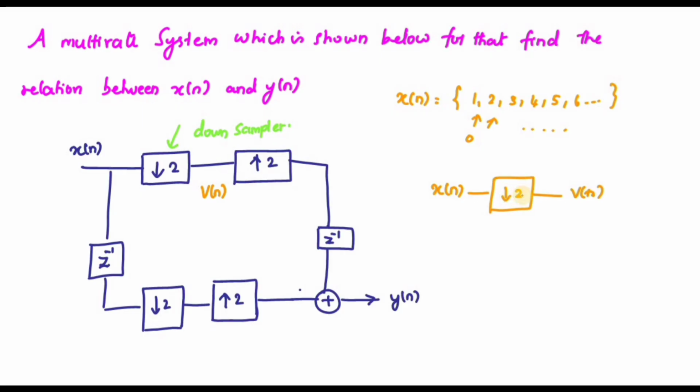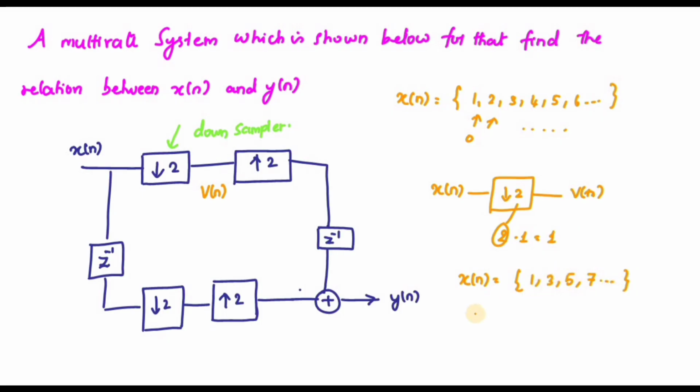If I get 2 value, 2 minus 1 is 1, so I'm going to omit 1 value. So my x of n now becomes: I write 1, then omit 1 value, then write 3, then omit 1 value, so I get 5 and 7, and it will go on.